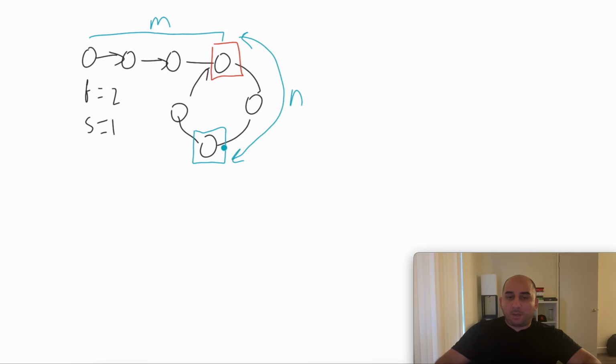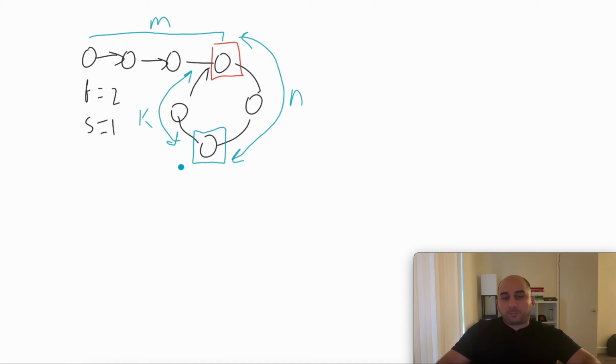And the distance from this node where they meet to the beginning of the circle again, let's call this distance k.